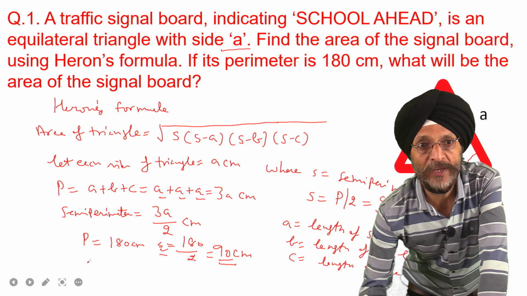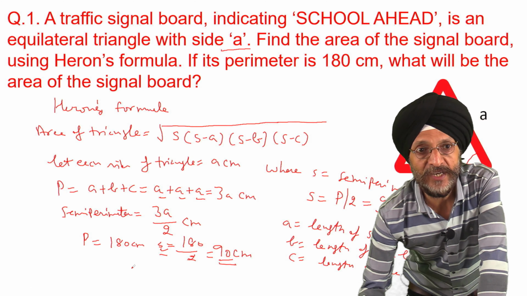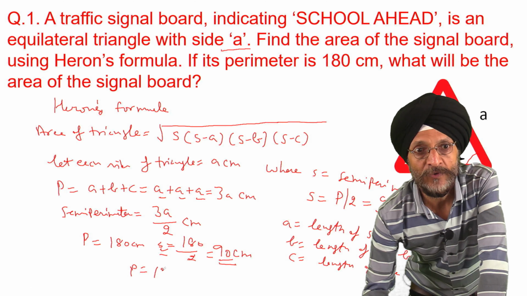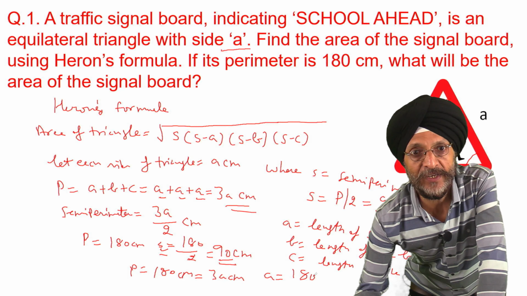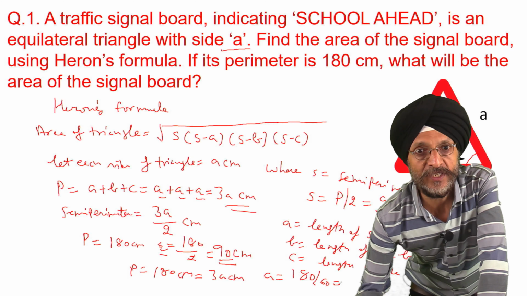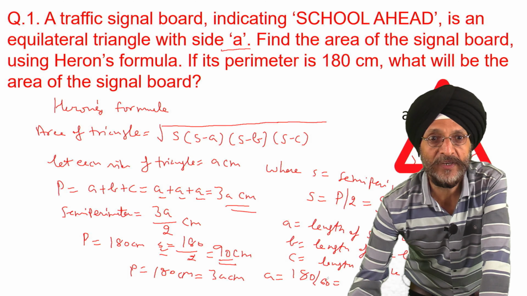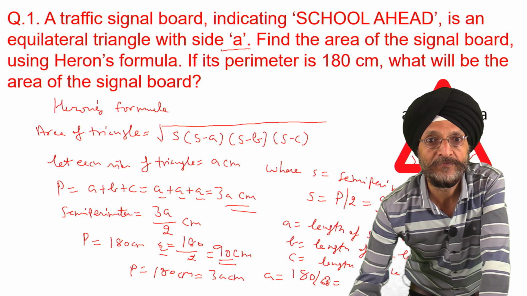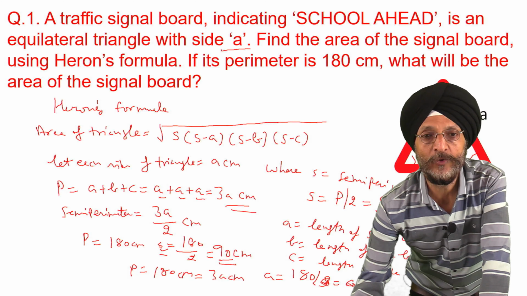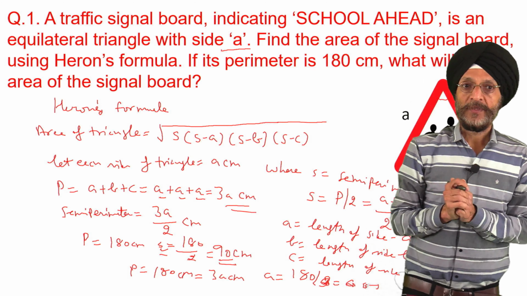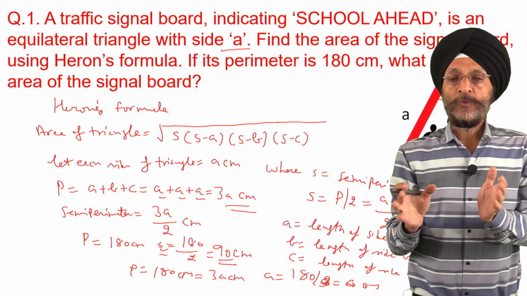Now what is the value of a? We understand that P is equal to 180 centimeter, which is equal to 3a centimeter. Now what is the value of a? It will become 180 divided by 3, then it will come 60 centimeter.